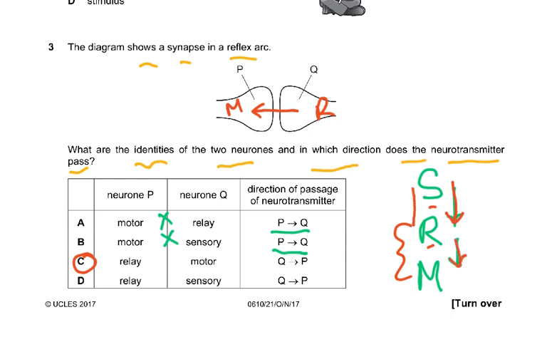And the direction has to be sensory to relay and relay to motor. So you have to see these directions: if the direction is Q to P, it means in this direction, so this had to be relay or motor, or sensory and relay, or relay and motor.